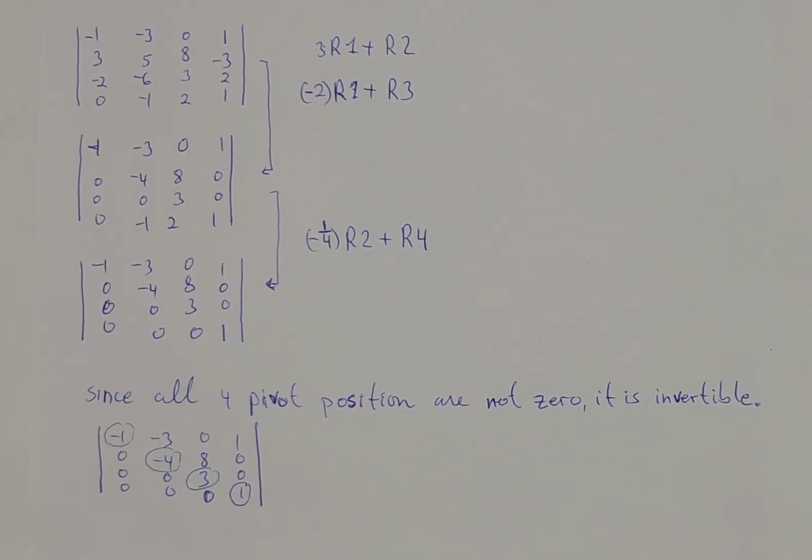Now here in this situation, we can stop. All we need to do is look at this spot, this spot, this spot, and this spot. If none of these are 0, then we know that it is invertible. One more time, we can stop here and just look at here, here, here, and here.